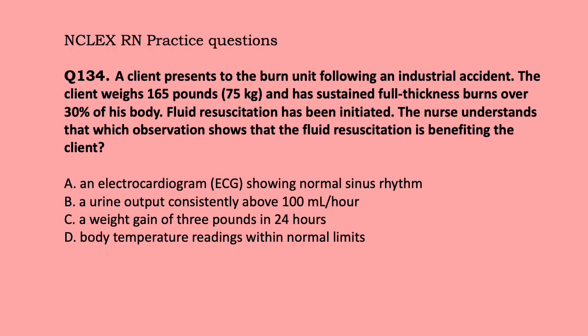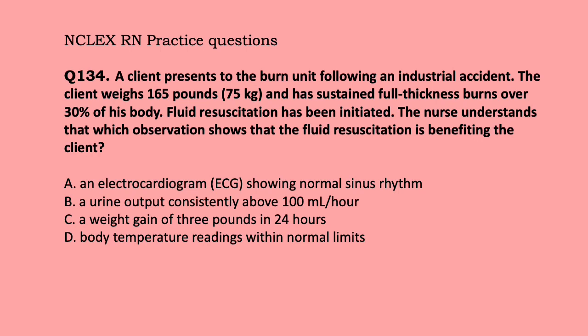Question 134. A client presents to the burn unit following an industrial accident. The client weighs 165 pounds, 75 kilograms, and has sustained full-thickness burns over 30% of his body. Fluid resuscitation has been initiated. The nurse understands that which observation shows that the fluid resuscitation is benefiting the client?